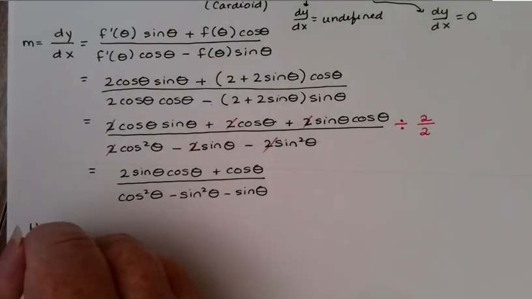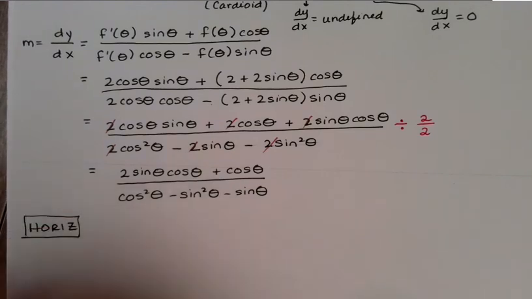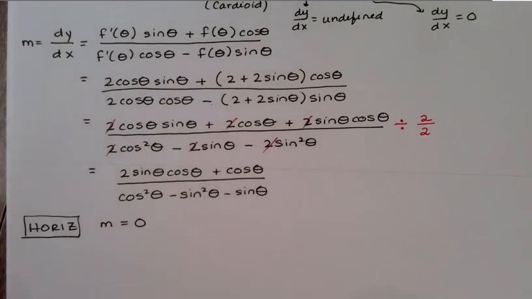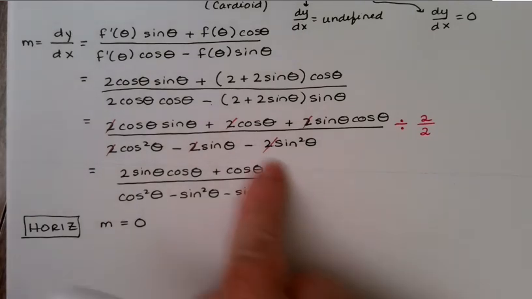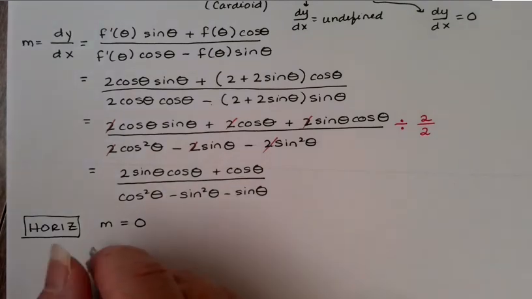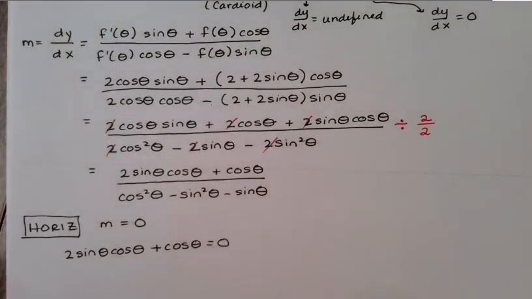So horizontal tangent lines, m equals 0. We know that a fraction is 0 when its numerator is 0. So I would have to say 2 sine theta cos theta plus cos theta equals 0.